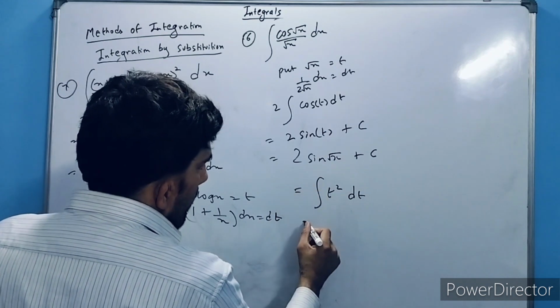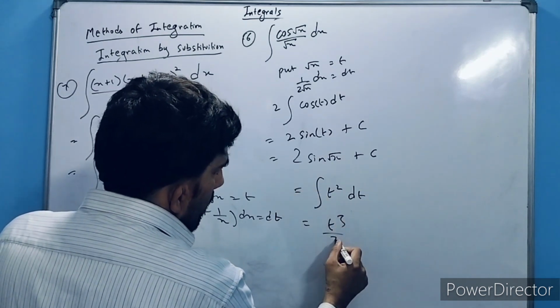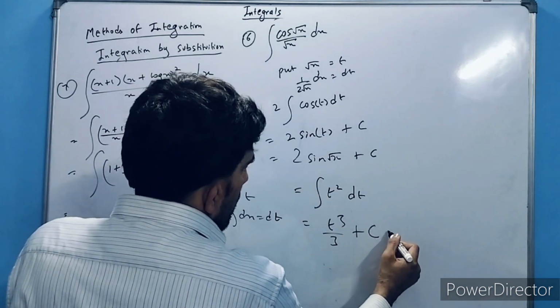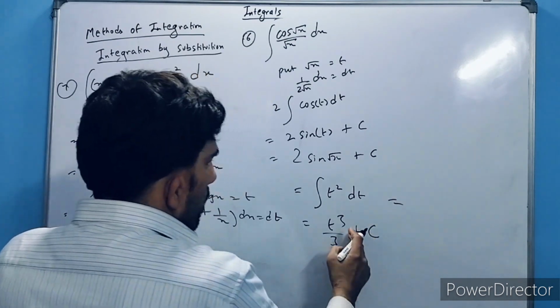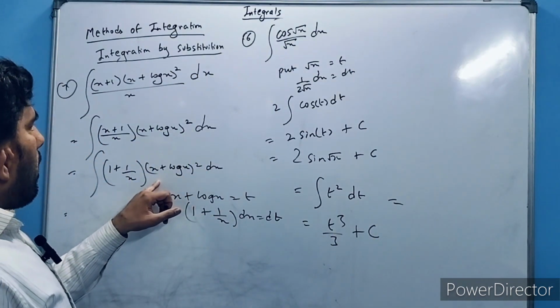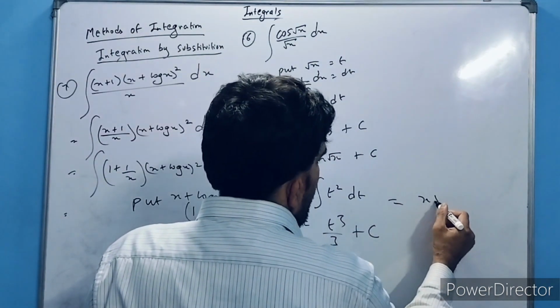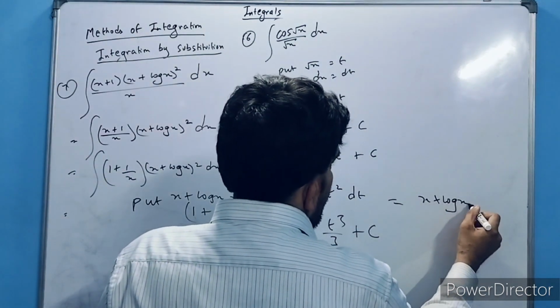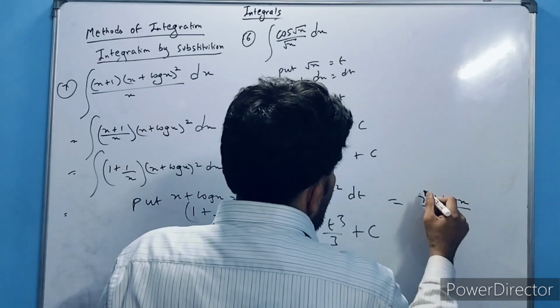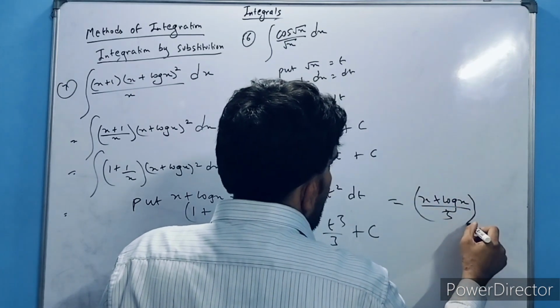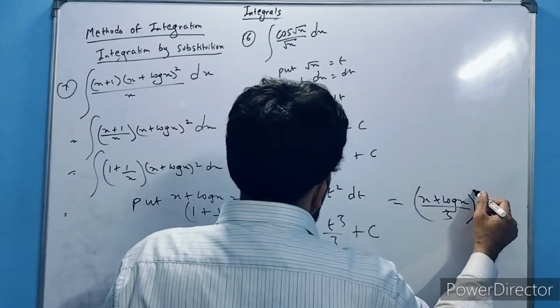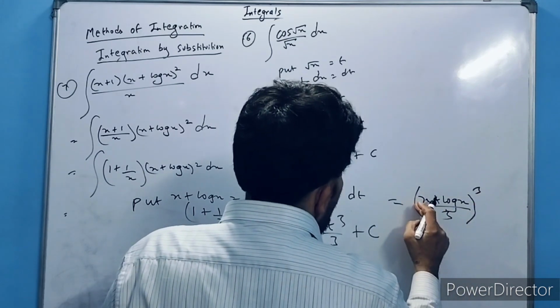So by integrating I got t cube by 3 plus c. What is t cube here? What is t we have taken? T we have taken x plus log x. So I got (x plus log x) whole cube upon 3.